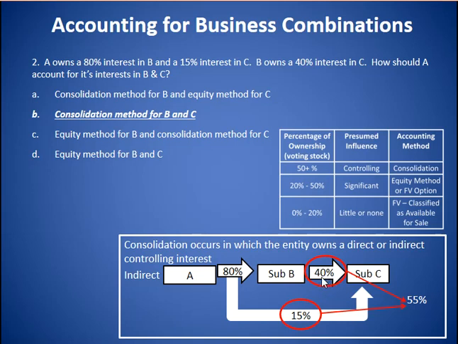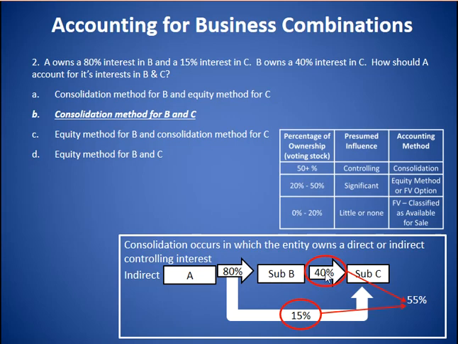Now, that in itself would not be enough to say that we could consolidate C. As a matter of fact, if we follow the percentage of ownership, we would either have to account for that on the equity method or use a fair value method. But we do have a direct interest in C where we own 15% of C. So if we take a look at this, we control sub B through our 80% ownership.